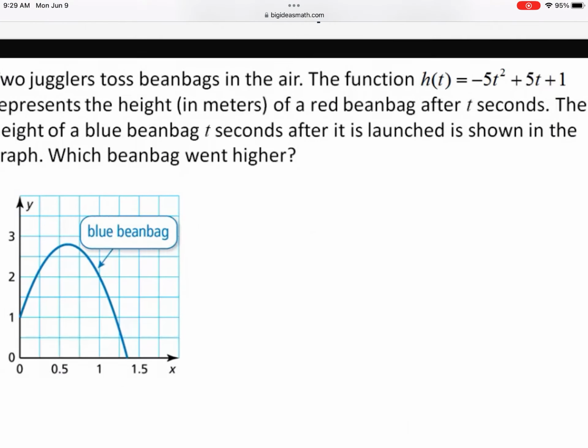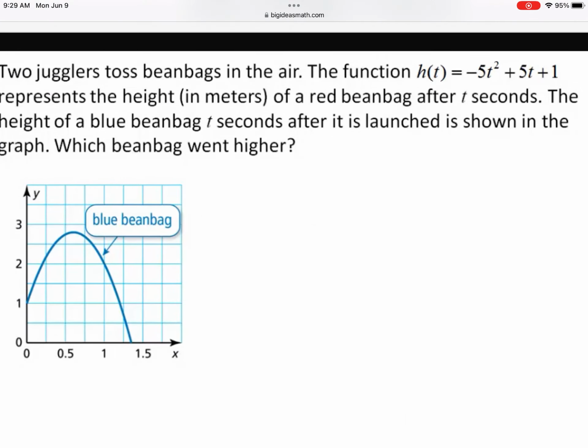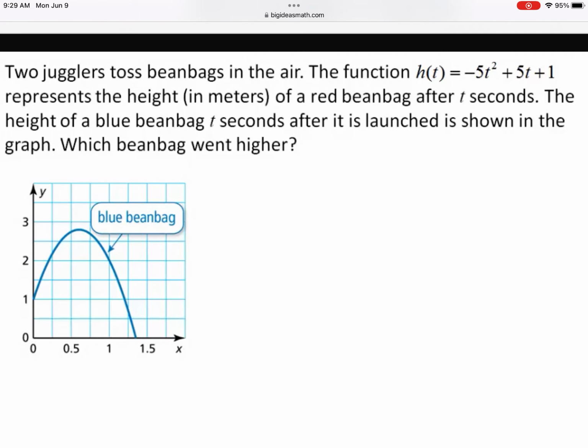Two jugglers toss beanbags in the air. The function h of t equals negative 5t squared plus 5t plus 1 represents the height in meters of a red beanbag after t seconds. The height of a blue beanbag t seconds after it is launched is shown in the graph. Which beanbag went higher?